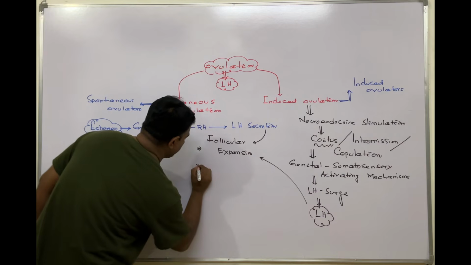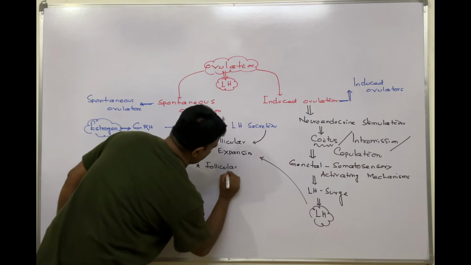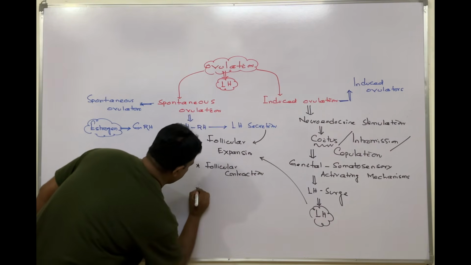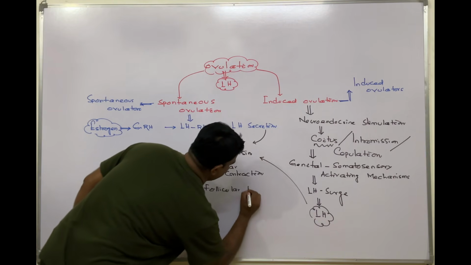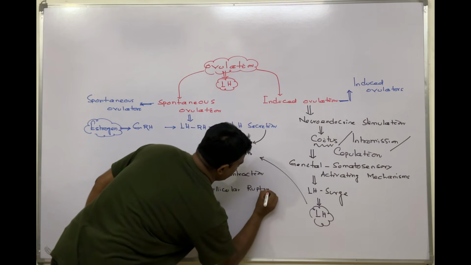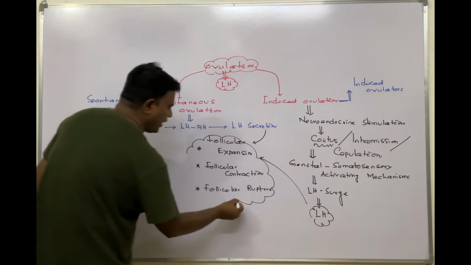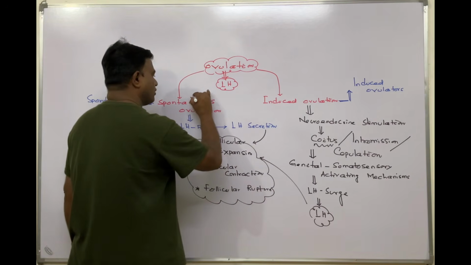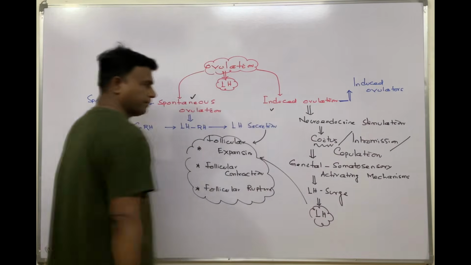Follicular expansion, follicular contraction, and the final one, follicular rupture. So these three phenomena will occur when this LH is secreted, in the spontaneous ovulators or in the induced ovulators.